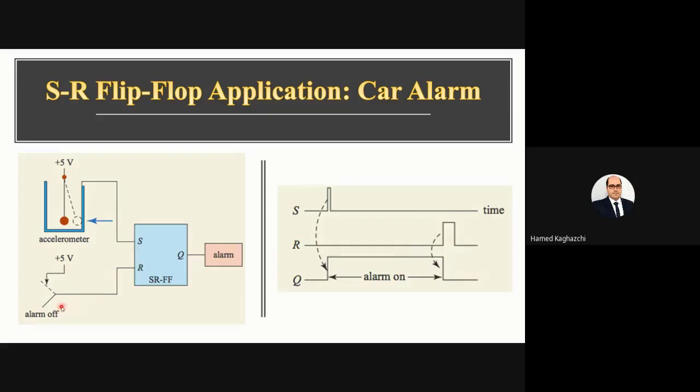Using the remote control device. If we push the reset button in the remote control, we change the reset input to 1. What happens when R is 1? The Q will be 0. In this case, the alarm is turned off.